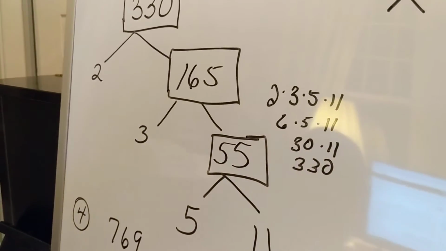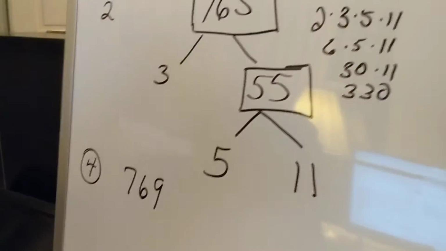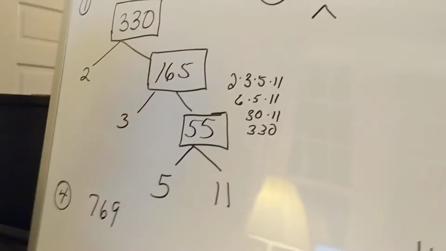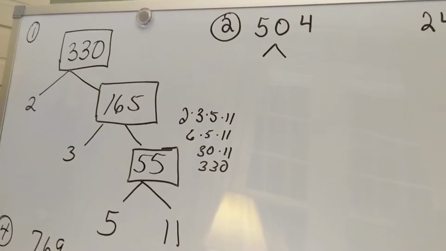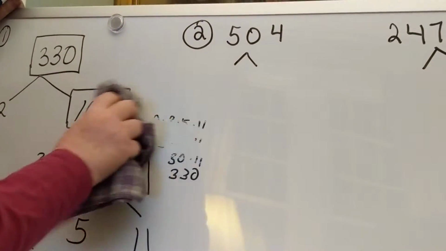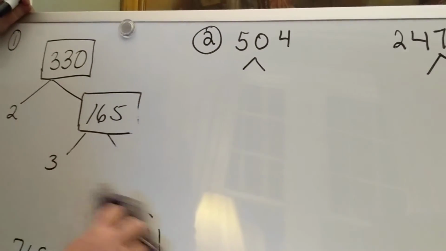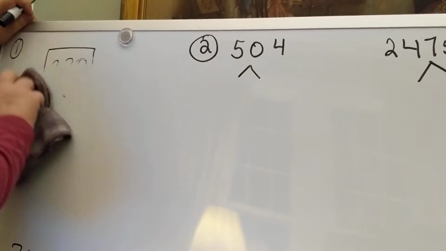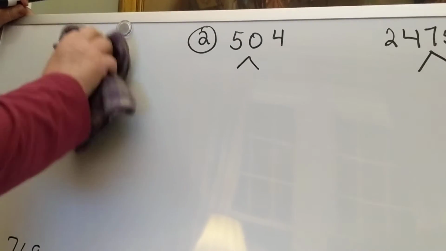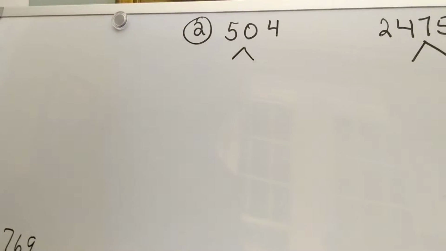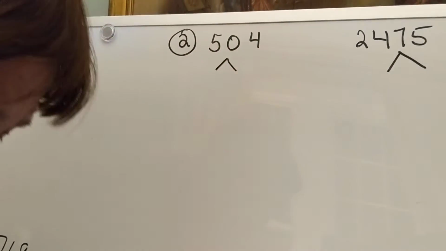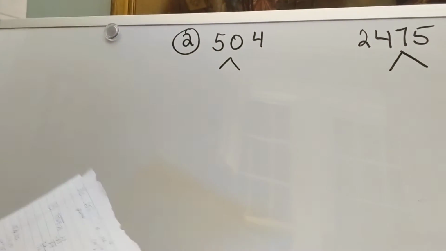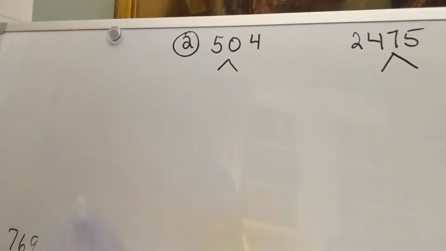Okay. Number 2, it asks us to use a factor tree to find the prime factorization of 504. All right, I'm going to erase some of this so I'll have a little bit of room. Okay, now we can start off, of course, with any two numbers you can think of that are factors.